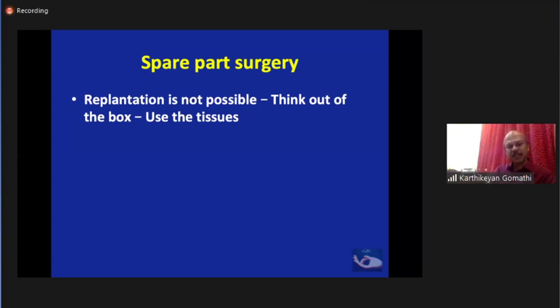A reconstruction can always be done. It can be done tomorrow, next week, next year. But this situation where the amputated part is there, viable tissues are there, you're not able to do a replantation for various reasons. Is it possible to use the tissues?